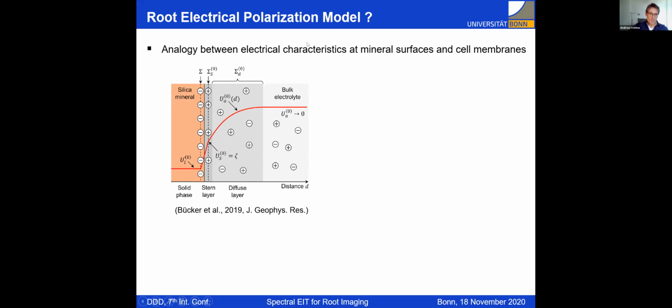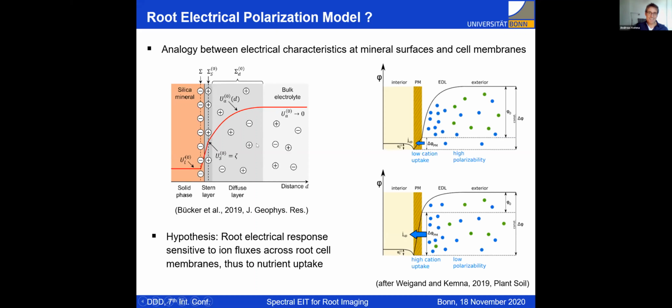And similar double layers are also present at the root cell scale. And it's also more or less known that with ion fluxes, so thinking of ion uptake of a root system as a whole, and of course also at the cell scale, with ion fluxes across these cell membranes, these electrical characteristics of the double layer change.